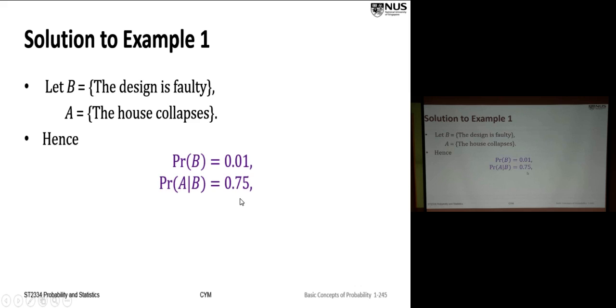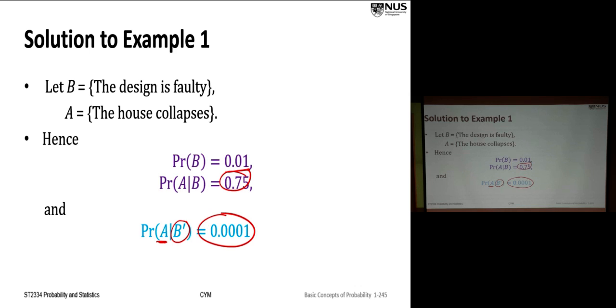We are given that the probability of a faulty design is 1%. The probability of A given B is 0.75. We are also given that if the design is okay, the chance of collapse is 0.001. You can see that these two do not add up to 1 because they are different things. The complement is on the condition, not on the event itself.